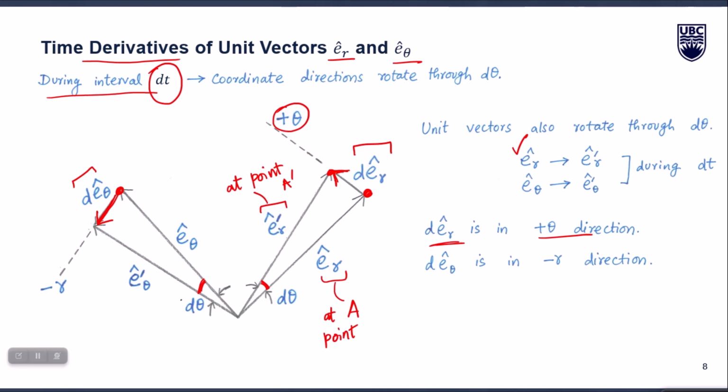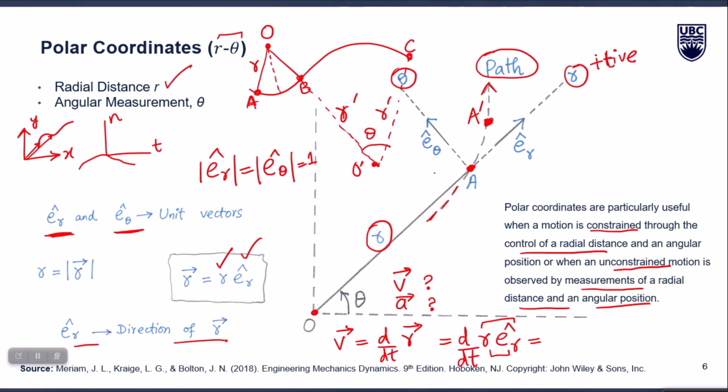Minus r means that you are going towards the origin, right? The direction of positive r is defined as when you have a particle here and you extend the position vector from that point away from the origin. So actually this is the minus r direction.